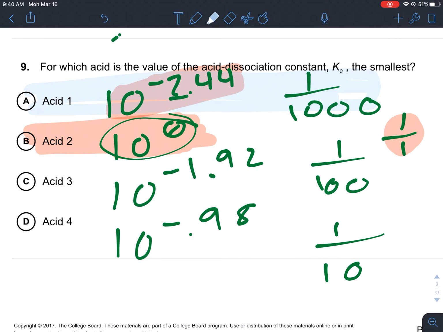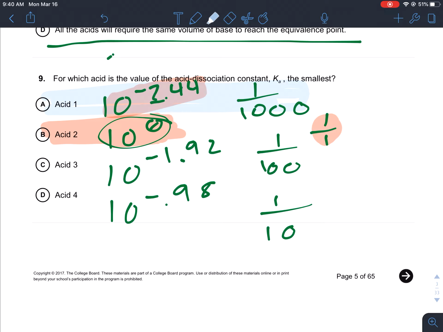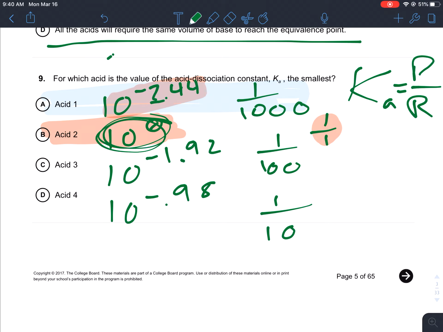And what does that mean? If you have the most H plus, that means you dissociate the most, meaning your Ka is larger. How do we find Ka? Ka is equal to products over reactants. If Ka is equal to products over reactants, acid 2 has more product than acid 1, 3, or 4.